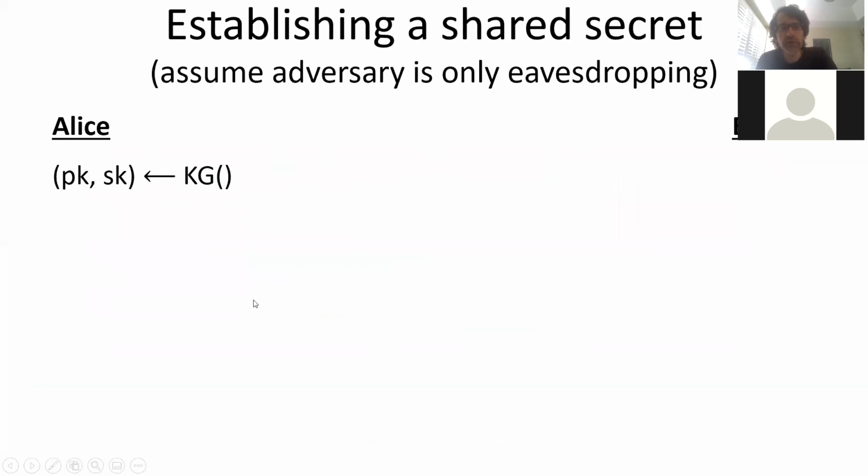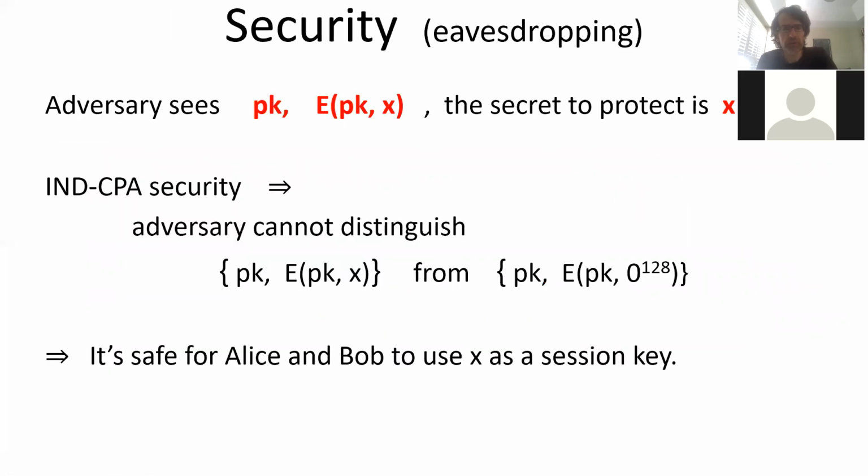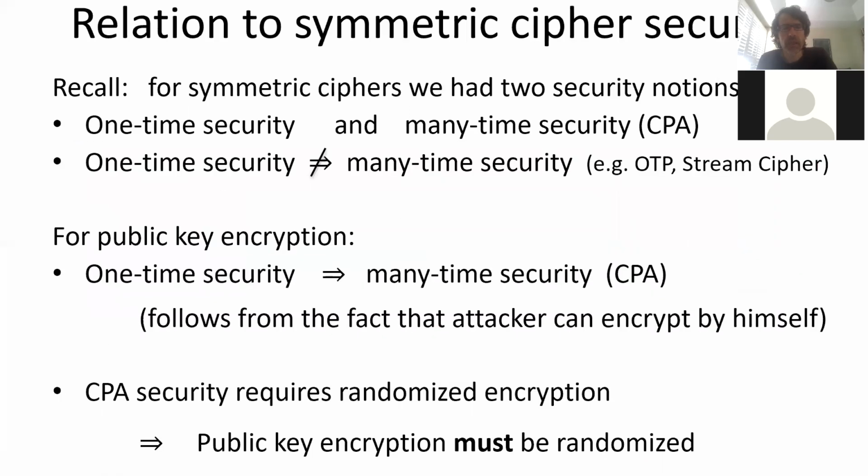But one thing that follows from that is that CPA secure encryption must be randomized to satisfy either one-time or many-time security, because they are identical. Remember the basic attack on deterministic encryption: if you want to have chosen plaintext attack security, you cannot achieve it with deterministic encryption.